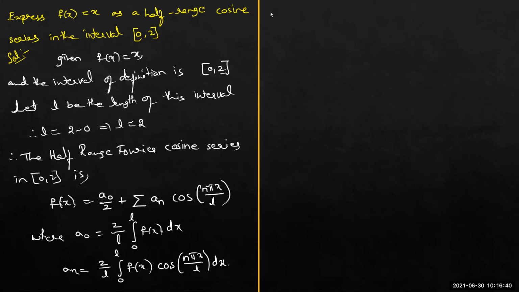So using these formulae, we can calculate both a naught as well as an. Now let me just calculate these two one after the other carefully. Consider a naught is equal to, I'm just substituting everything, 2 by, the value of L is also 2, then integration from 0 to 2, then the function f of x you are given is x dx.